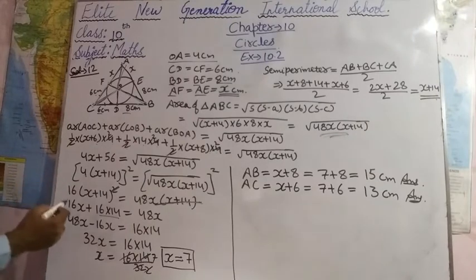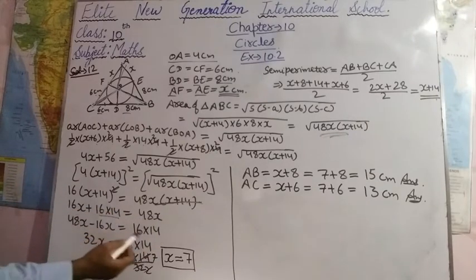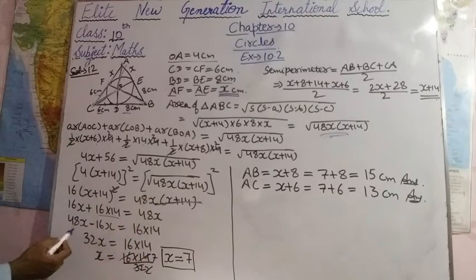Now after this, 16x will be subtracted from 48x, so 48x minus 16x will be 32x, that is equal to 16 into 14. So the value of x will be 16 into 14 upon 32. We can cancel it by 16, 16 twos are 32. By cancelling it, the value of x will be 7.